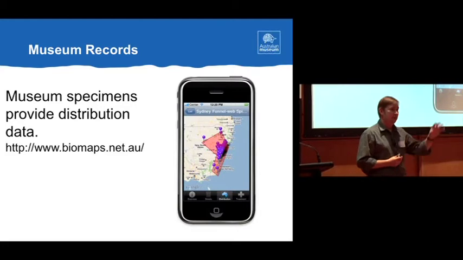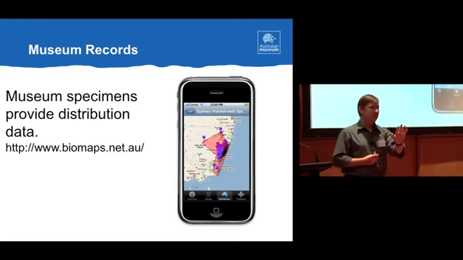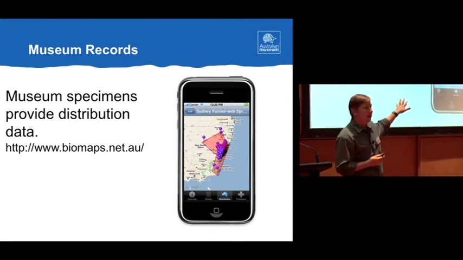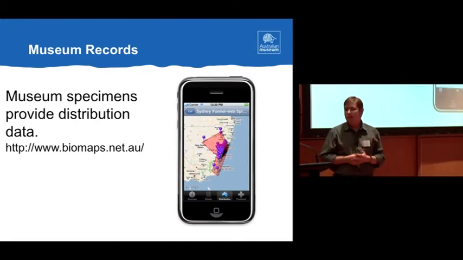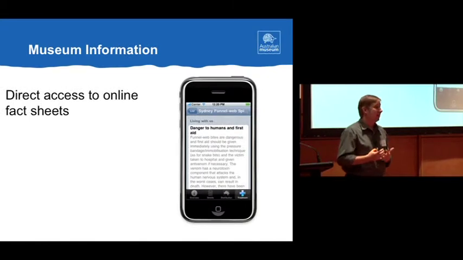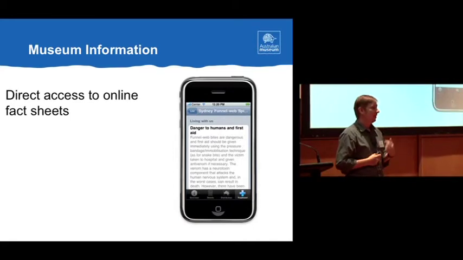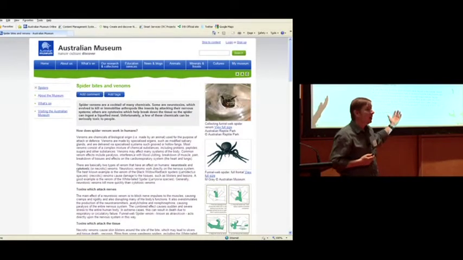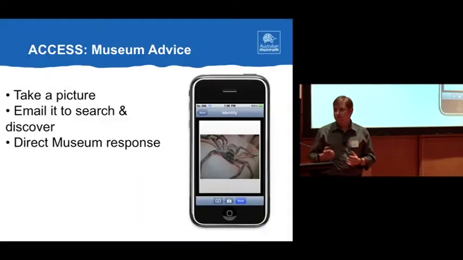So what the app is doing is trawling information about the animals, and trawling the locality data and making something out of that. It's also providing direct access to our online fact sheets. We didn't write new information for this. The app is simply pulling this information from our website. And the second way in which visitors can use it is a simple browse through our fact sheets. They exist online, but they're on the app as well.